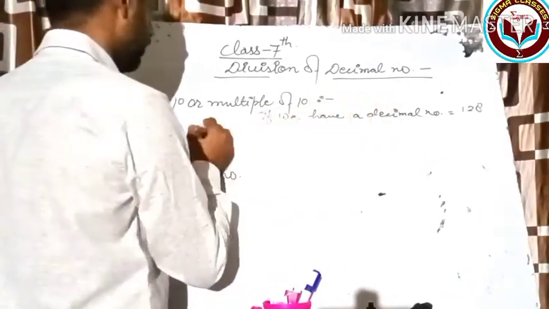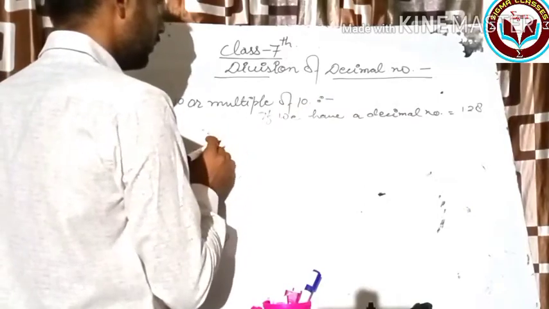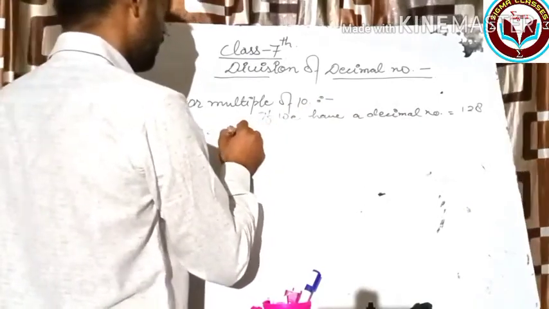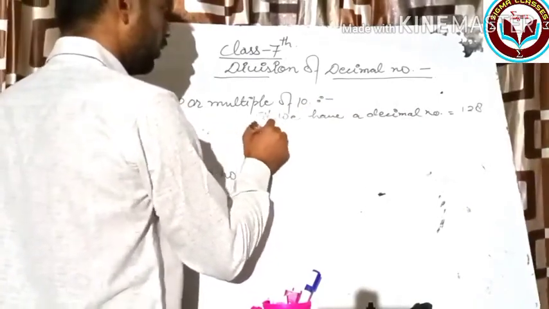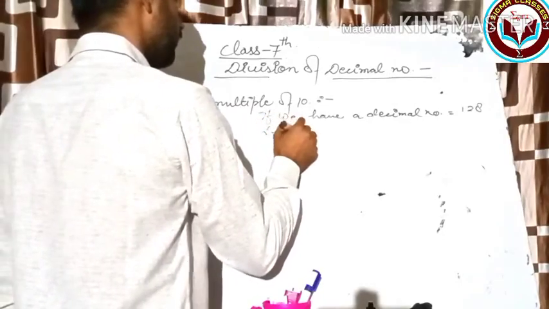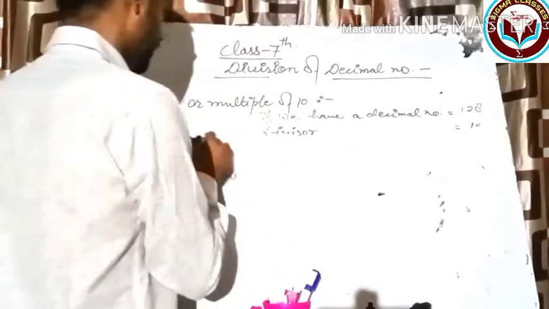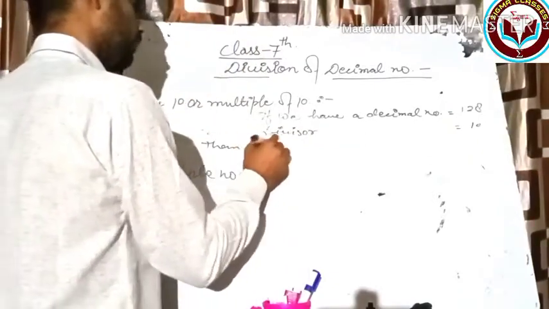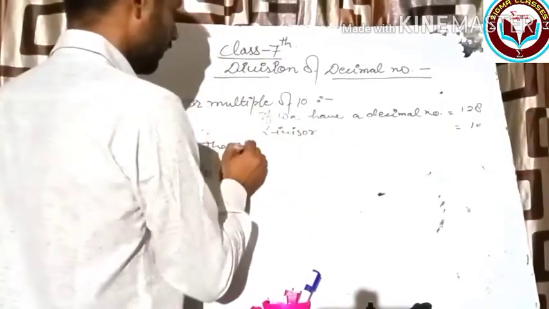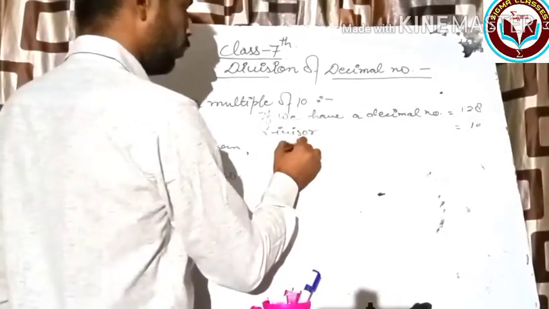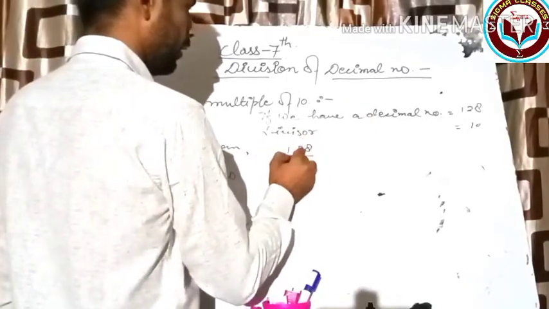Suppose the divisor is 10. Then we will solve 1.28 divided by 10.